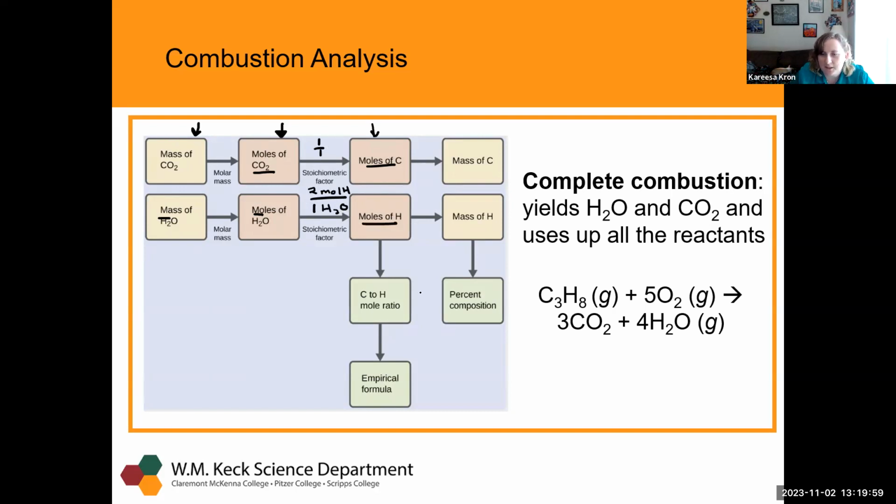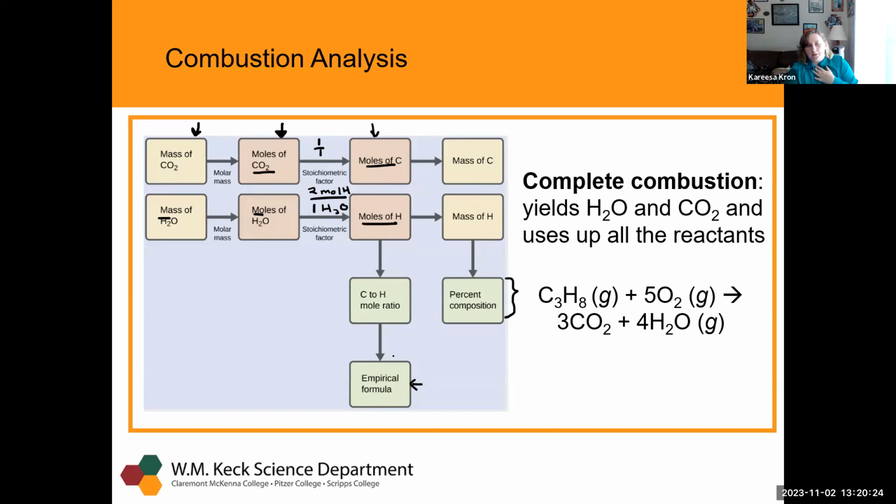And then if, for example, we were interested in what the percent composition was of our original gas, then we can use those moles to calculate masses and then use that to calculate percent composition. Or if we weren't sure what gas we burned, we can use our ratio of moles to help us determine an empirical formula.